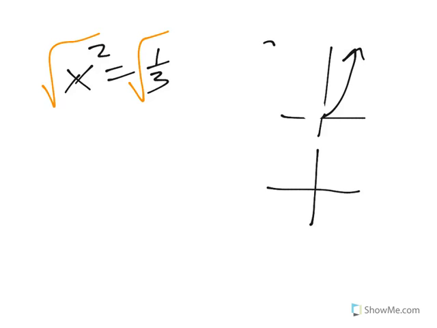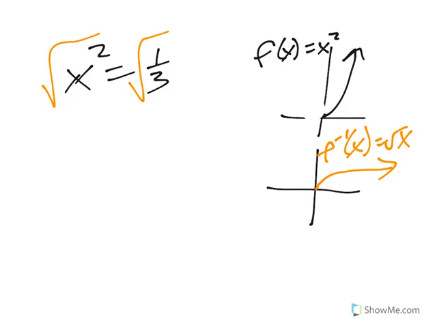So, here's f of x equals x squared, and the inverse, the thing that undoes the squaring, f inverse, is the square root of x, but I had to restrict that domain to just be looking at non-negative numbers in order to make it one-to-one.